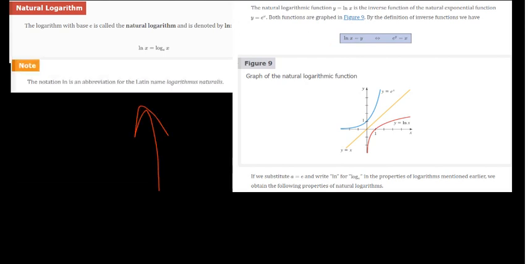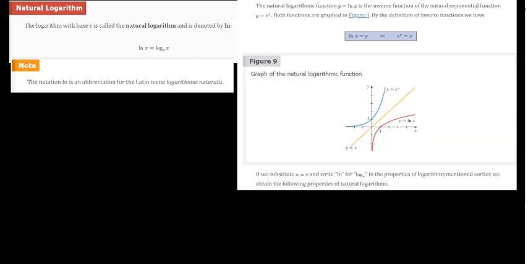Okay, so let's start over here first. Natural logarithm. The logarithm with base e is called the natural logarithm and is denoted by ln x. When we've seen log base 7 of x, that's just log base 7. And of course if we don't put a base, then that's an implied base 10.